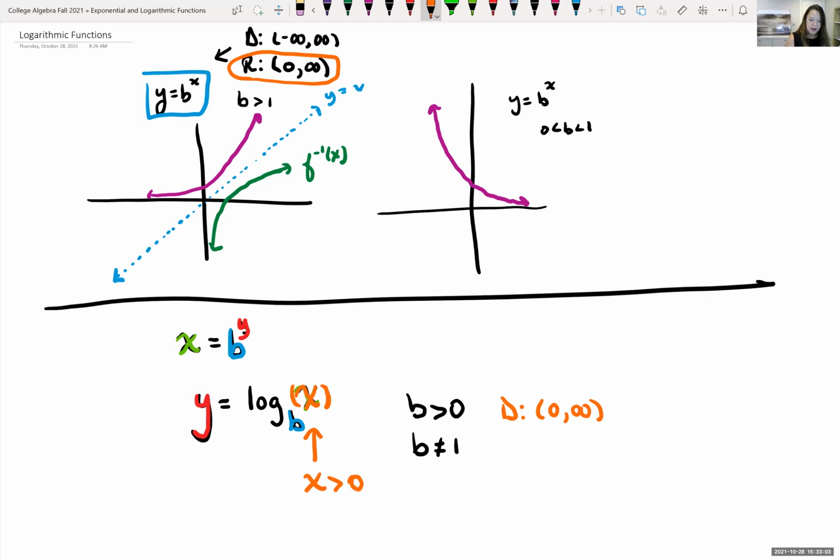Looking at the range of my logarithmic function, it is the same as the domain of my exponential function, which is negative infinity to infinity.